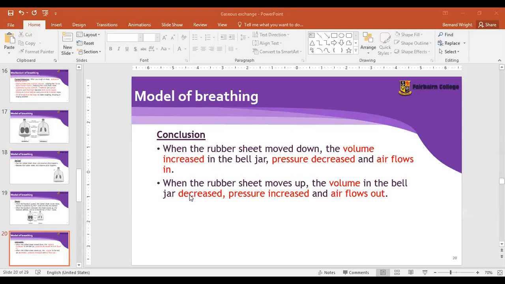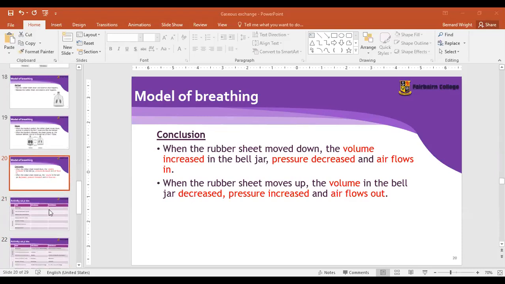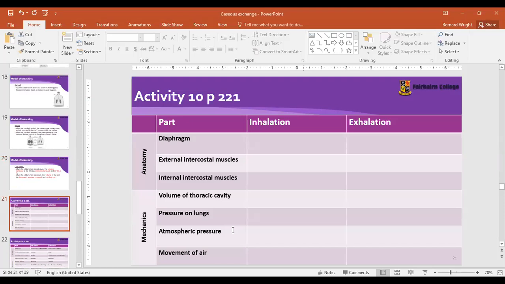The best way to probably see if you know all of this is to complete this table. This table is in your notes, and it's everything that we just discussed. You just complete it. If you're unsure, then you can do it in pencil. And if you can complete this table without referring back to your notes, then you should be fine. You have to say what happens to each part during inhalation, and what happens with every item during exhalation.